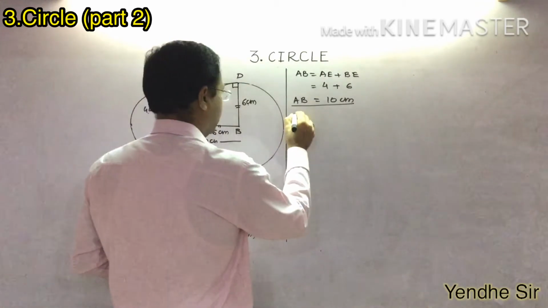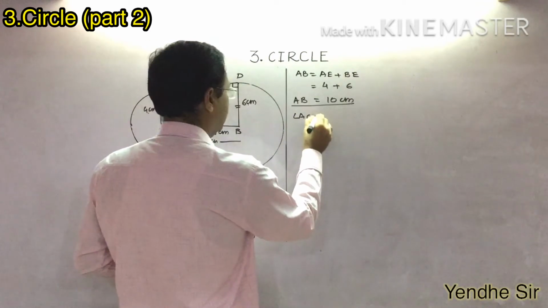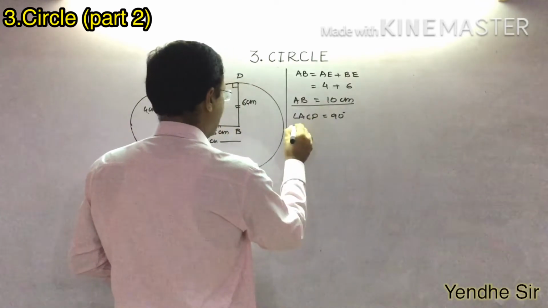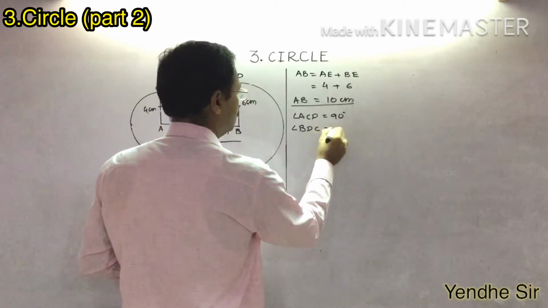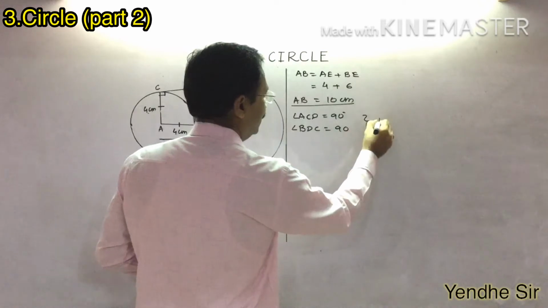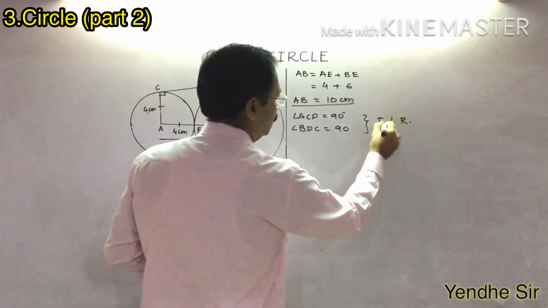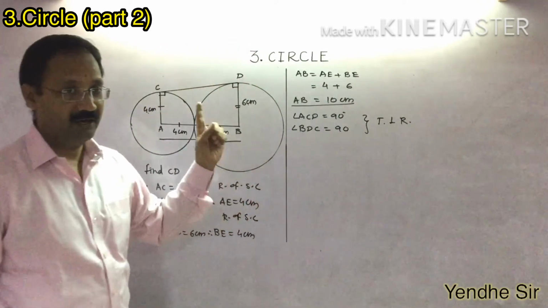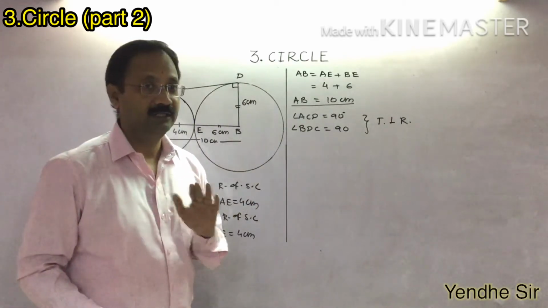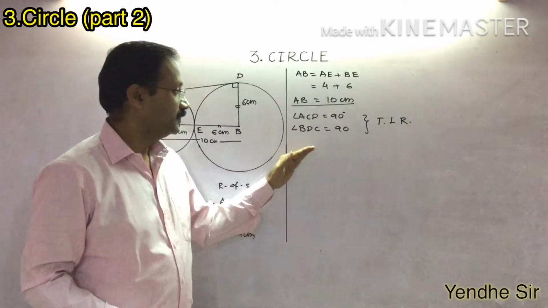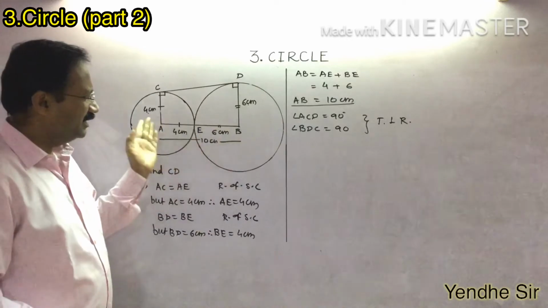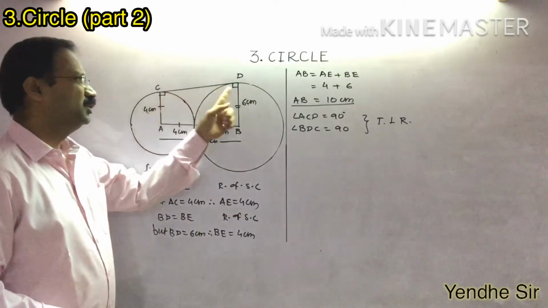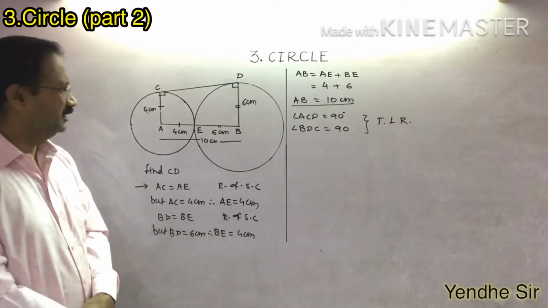Okay, that I am going to write again. Angle ACD equals to 90, angle BDC equals to 90 because tangent is perpendicular to radius. Again, remember I have written the shortcuts, but don't write the shortcuts in exam. Okay, but is it a rectangle? No, because only two angles are 90.